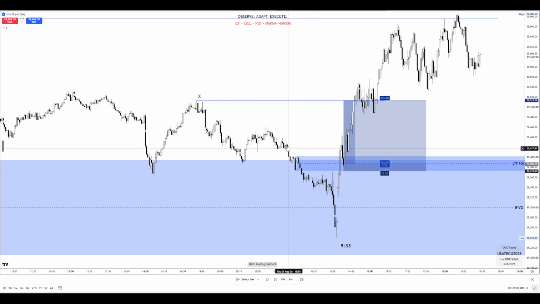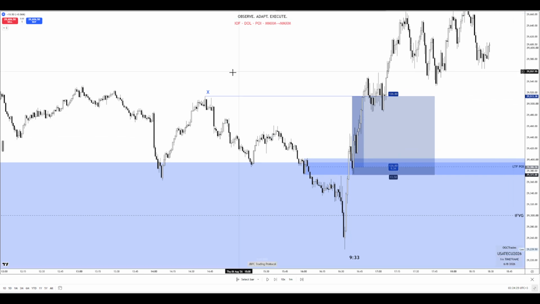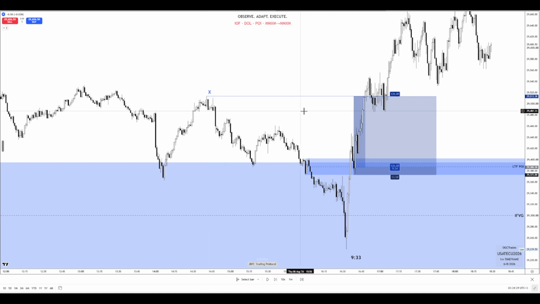Why is it a breaker? Because we had a high, a low, a higher low, lower low, higher high. So this becomes a breaker. Once price retraces into that, I'm buying that thing, and I'm aiming for the nearest liquidity point, which was this high. So I got out here.